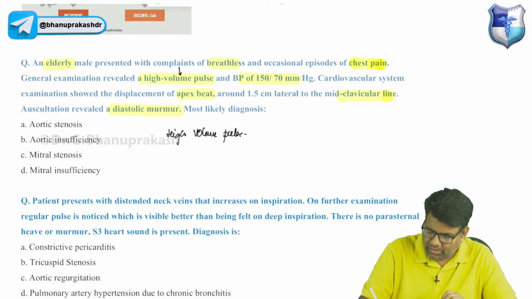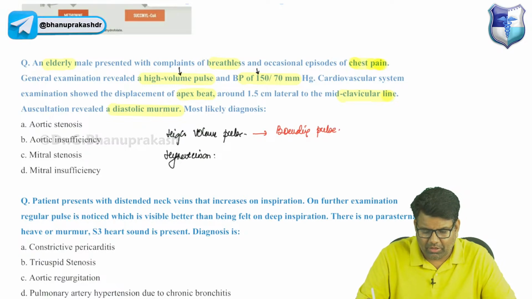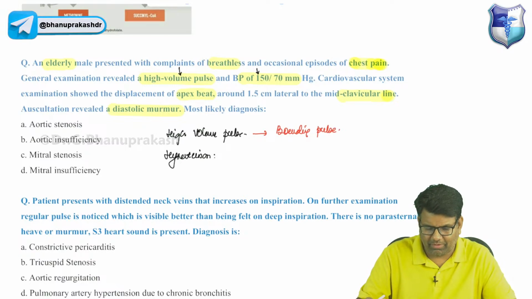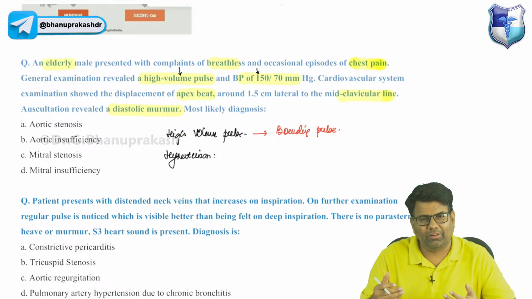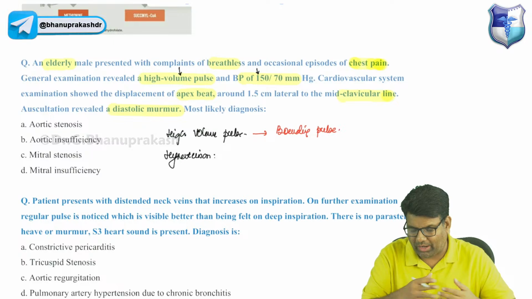Number two, there is hypertension. And this high volume pulse is known as bounding pulse. Clear? The flow of the blood will come and strike the examining finger and it will disappear quickly.